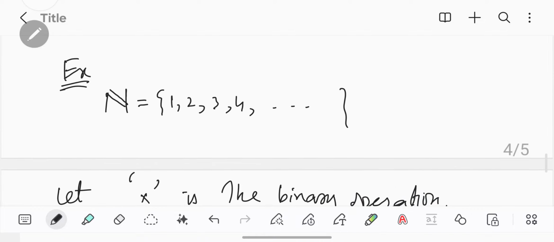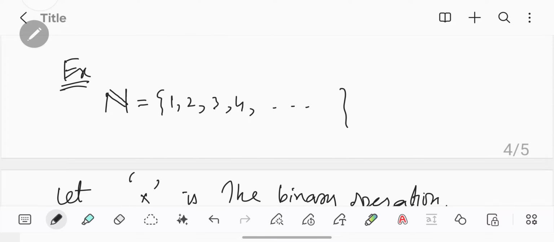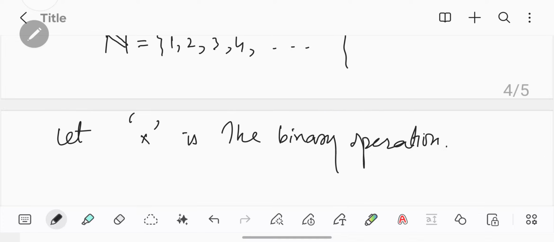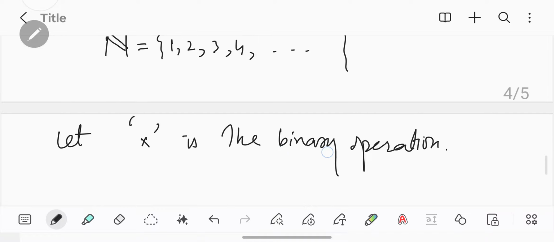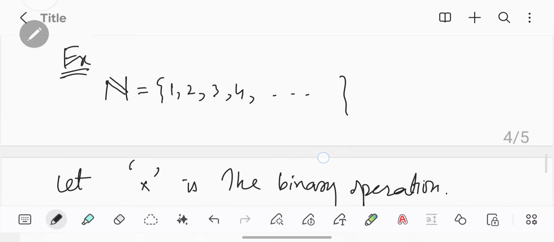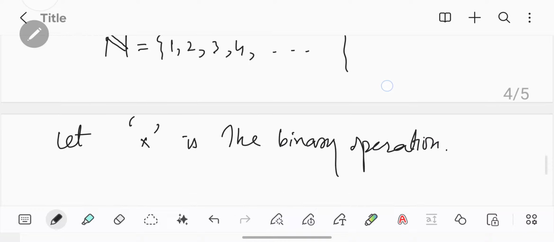So whatever the set is given, and if you want to check any property, you have to first check what is the binary operation. If you have decided the binary operation, then you will talk about any property. Otherwise, you can't talk about any property. So, can you find any element in this set such that if you multiply that element with any element, you will get the same answer?